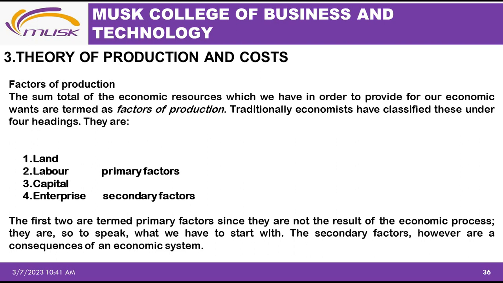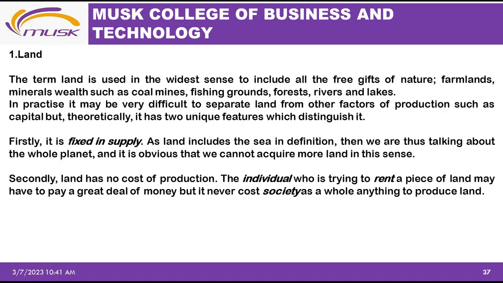We have four main factors of production, which are land, labor, capital, and enterprise. We classify land and labor as primary factors of production, or what we can also say are the main factors of production.